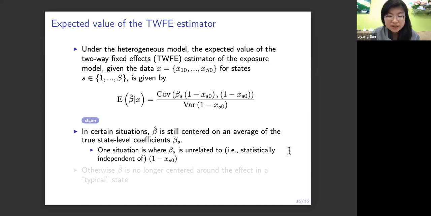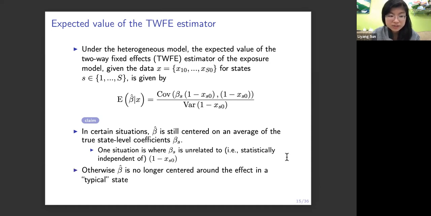One such situation is where beta S is unrelated to the insurance coverage change. In this case, we prove that beta hat is centered around an average of the coefficients and therefore might still be considered an appealing estimator. However, the situation where the coefficient beta S is unrelated to the insurance coverage change is somewhat special.